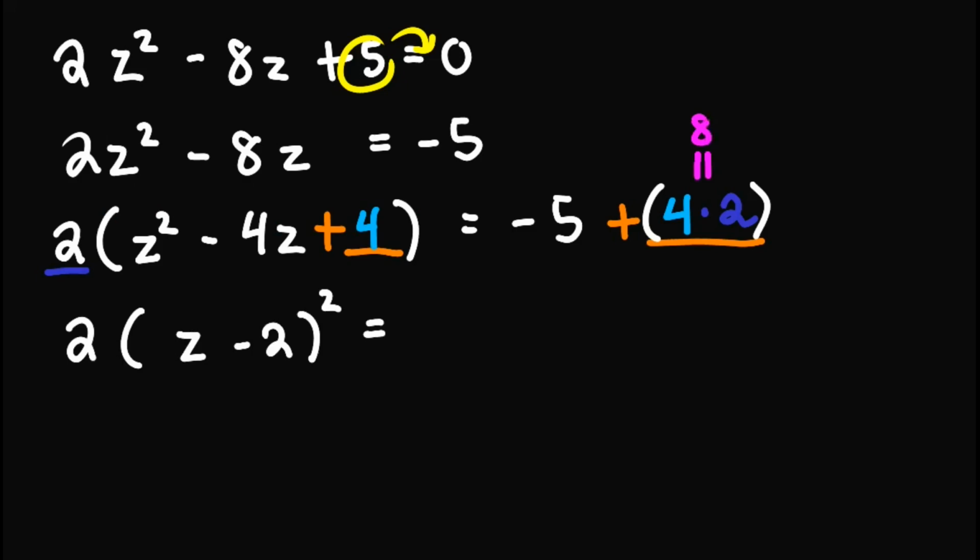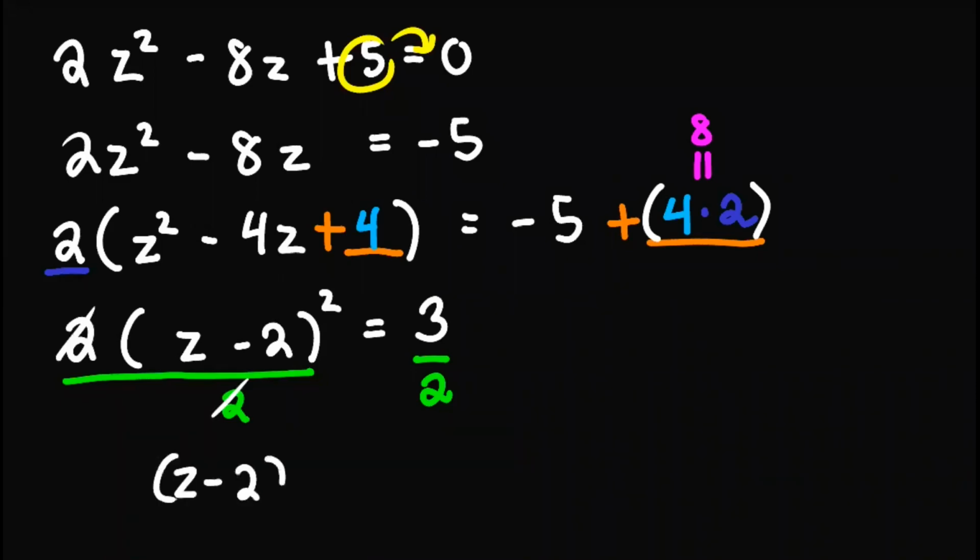So negative 5 plus 8 is simply 3. And then we divide by 2 on both sides. So this 2 cancels out, and we have z minus 2 squared equals 3 over 2.